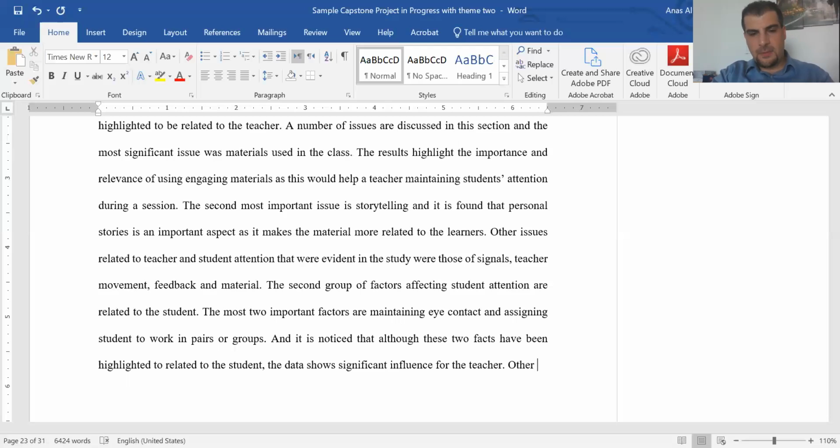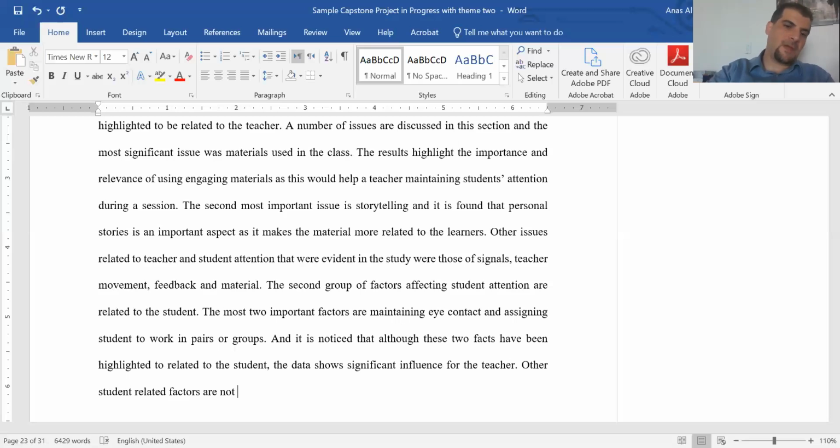Other student-related factors are found not to be evident in the context of this study.